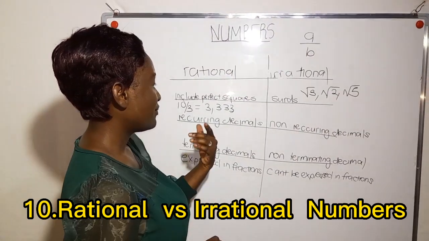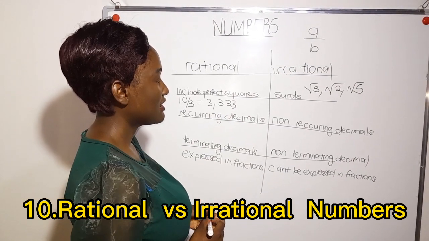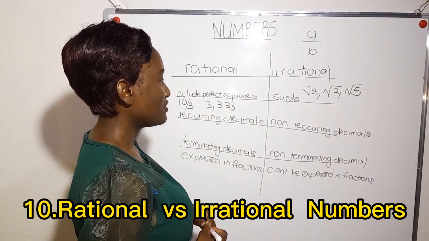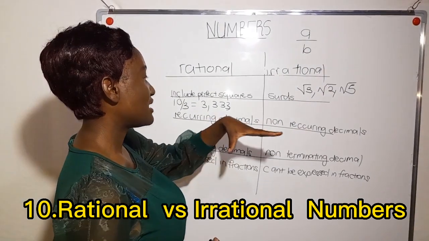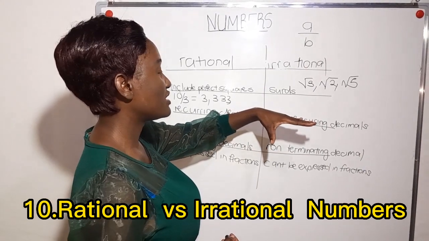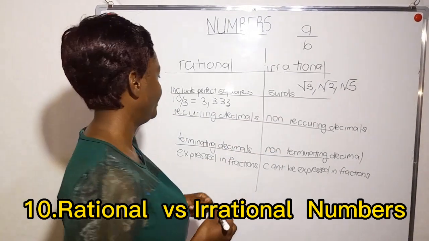Irrational numbers have non-repeating decimals. It means if we punch these numbers, they give us a pattern of decimals that is not uniform.